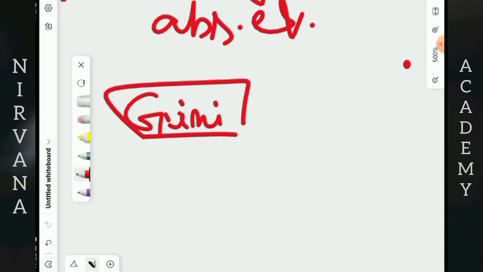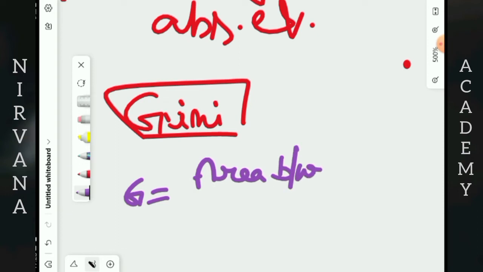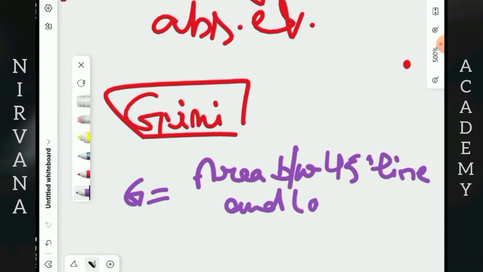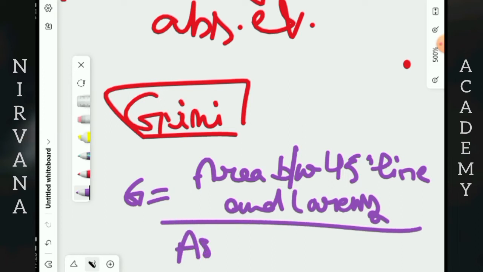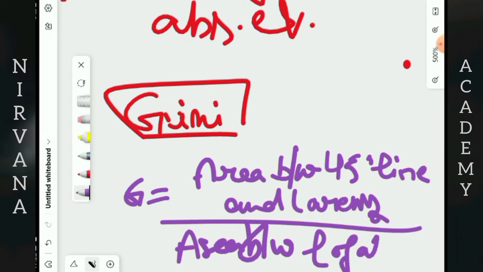So it is given by G is equal to area between the line of absolute equality and Lorenz curve divided by area below or above the line of absolute equality.